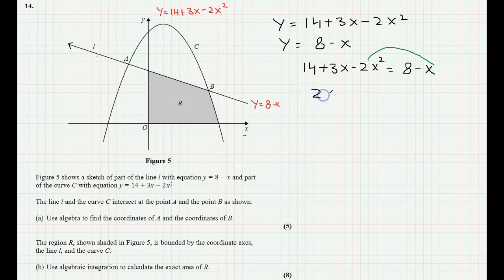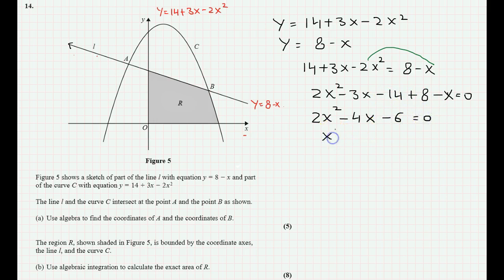So it will be 2x squared minus 3x minus 14, and this will remain the same, plus 8 minus x, is equal to 0. So it is 2x squared, minus 3x and minus x gives minus 4x, and minus 14 plus 8 is minus 6, equal to 0.